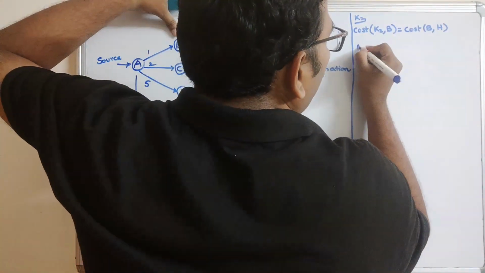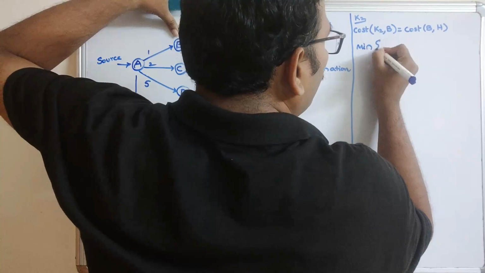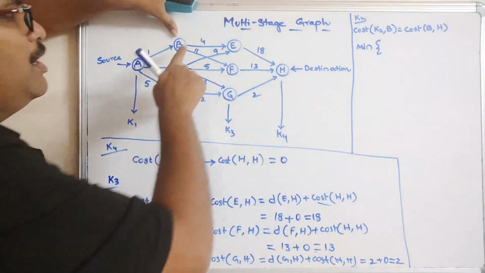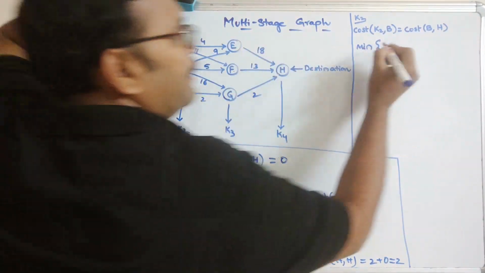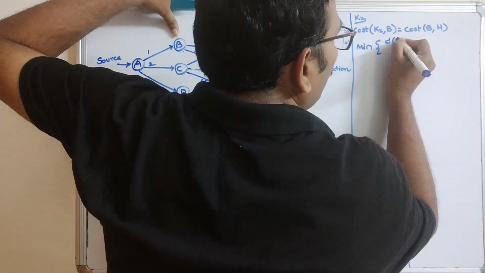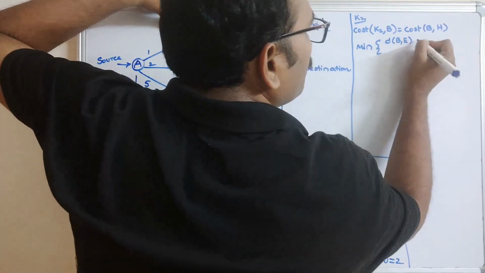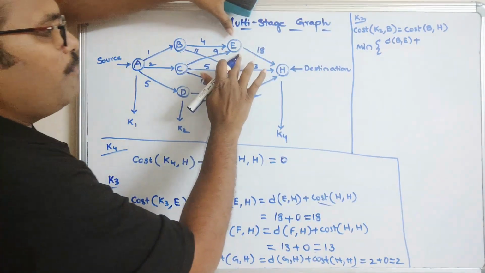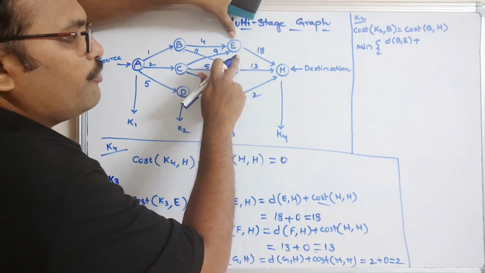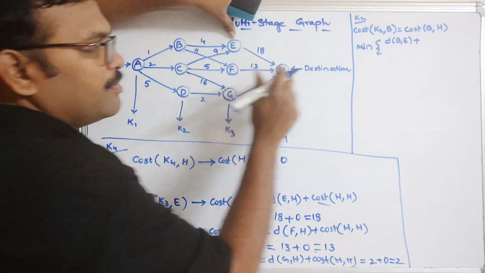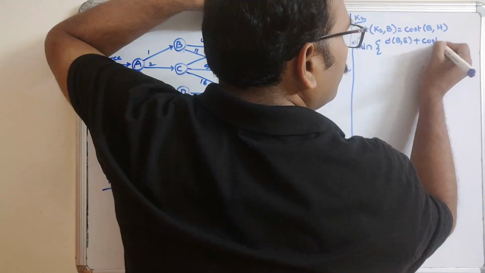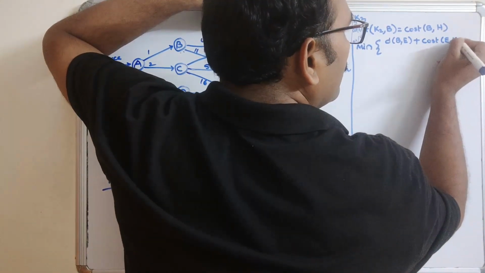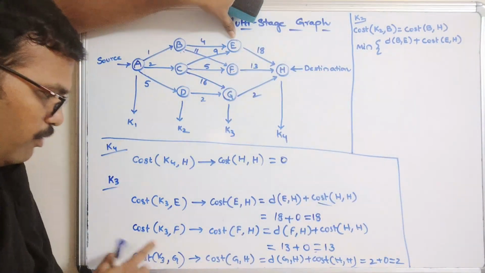So minimum of distance of B comma E plus, now we are at E, so we need to find out the cost of E comma H, which was already found here, see?